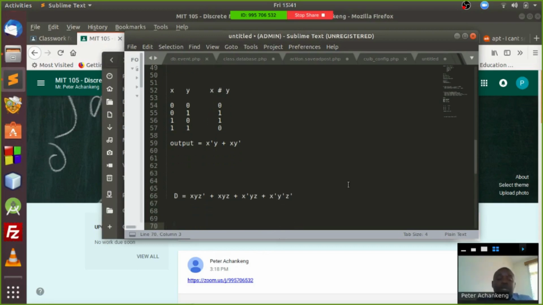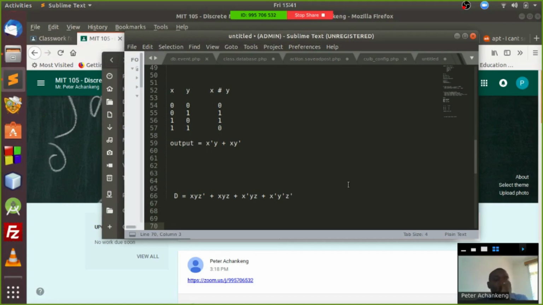The expression is D equals x y z prime plus x y z plus x prime y z plus x prime y prime z prime.